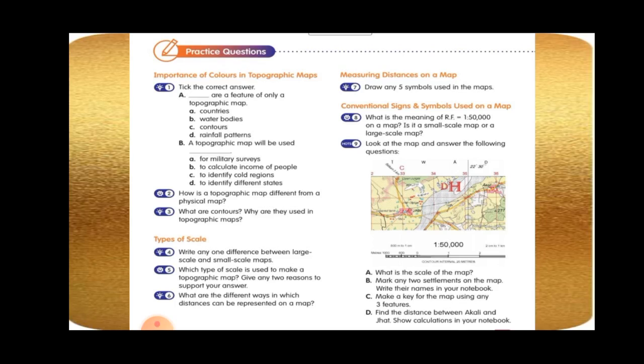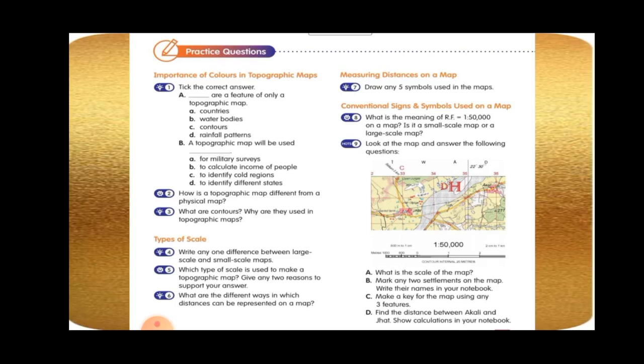And the question is, what is the meaning of RF is equal to 1 is to 50,000 on a map? Is it a small scale map or a large scale map?